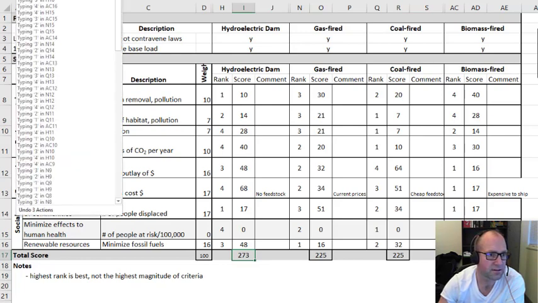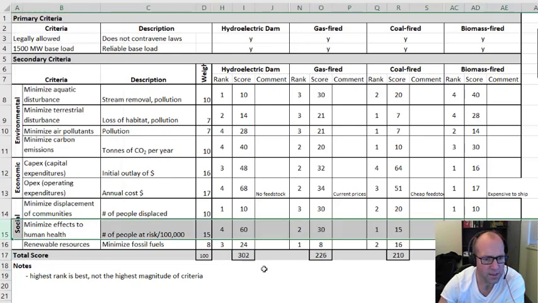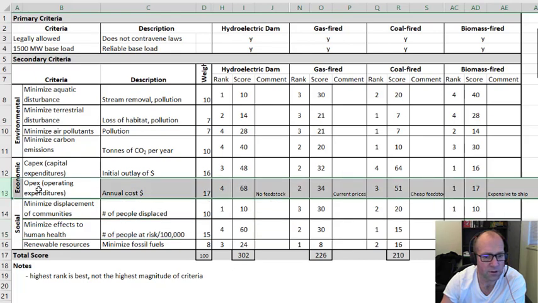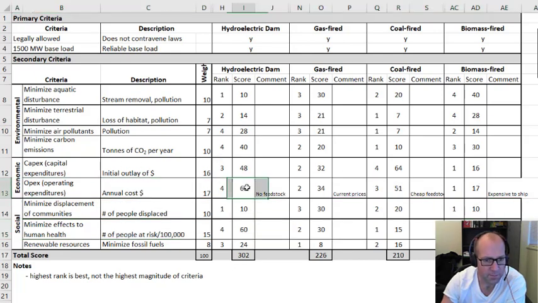So let's do another sensitivity analysis. Let's look at what is driving the decision for hydroelectric to be the clear winner. In other words, where is hydroelectric getting its high scores from? So annual cost is a big driver, and we know that because the score here is 68.